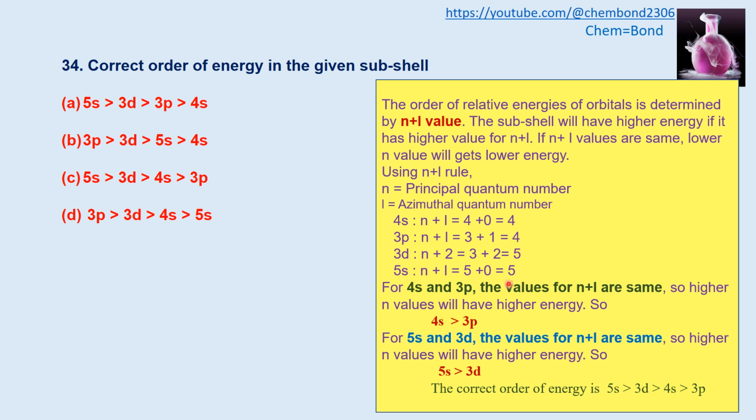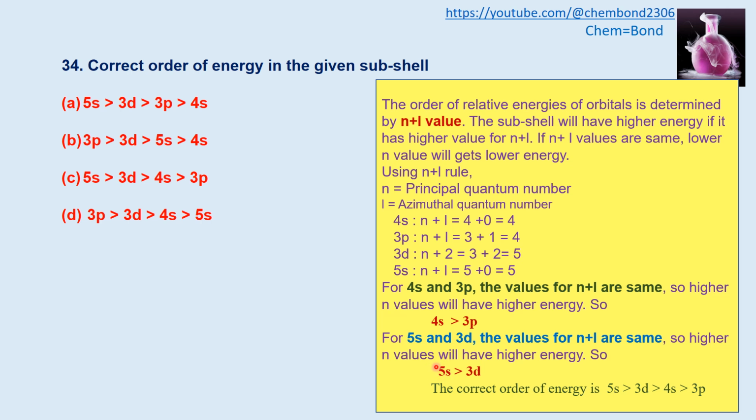The first two values are the same and the third and fourth are the same, so we look at the principal quantum number.